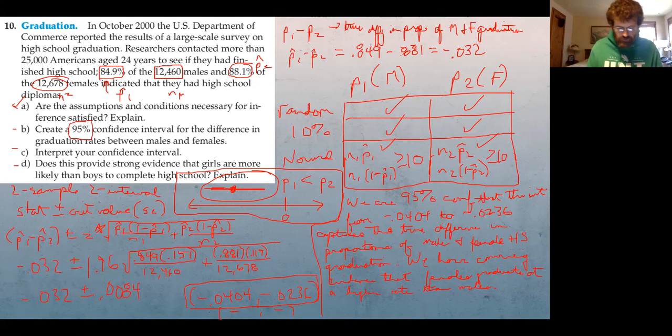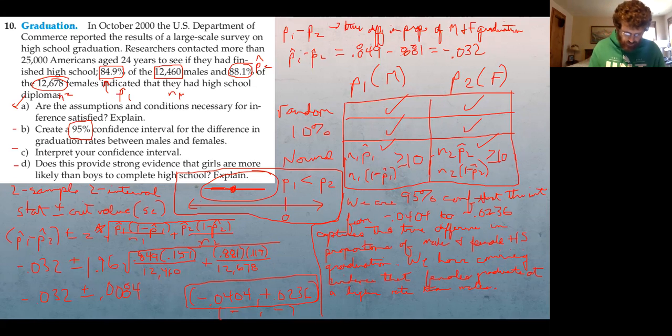It's if you have two different signs in the confidence interval, like let's say this had gone to positive 0.0236, then that captures 0. 0 is the break-even point where both of those proportions are equal. And then of course, positive numbers would mean proportion 1 is greater than proportion 2.